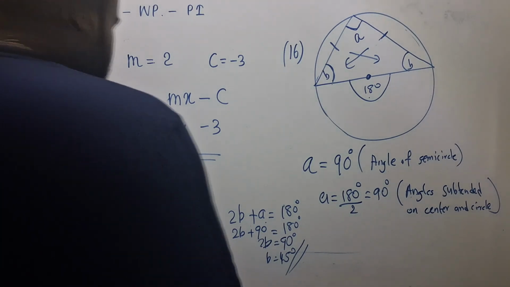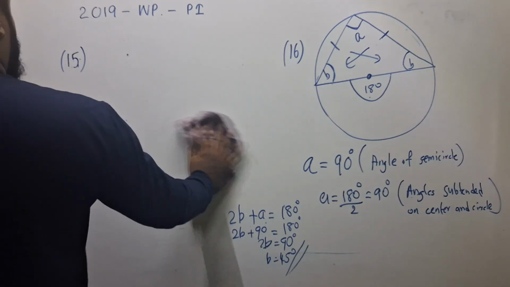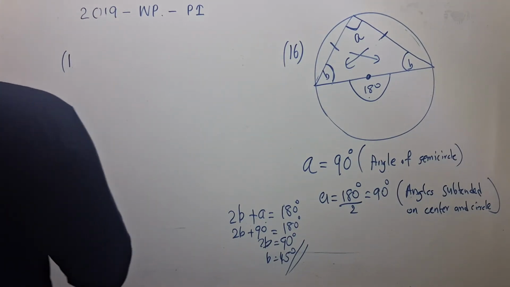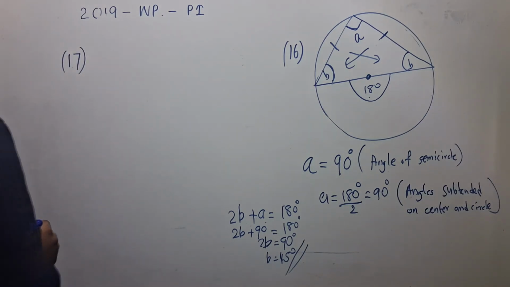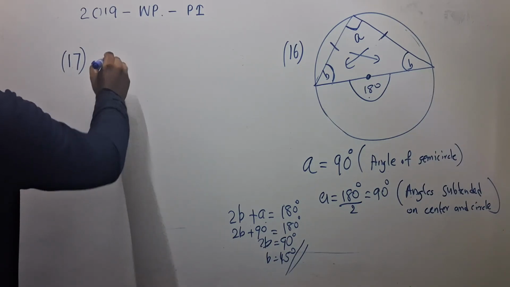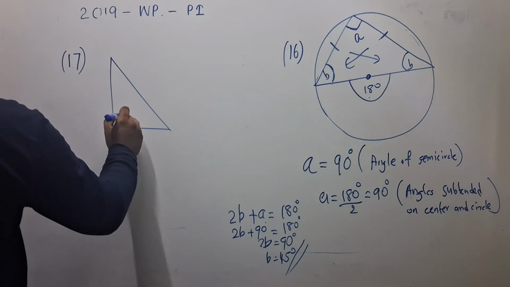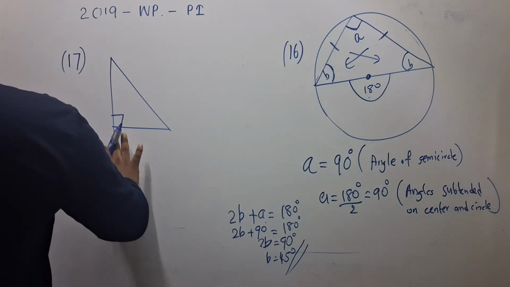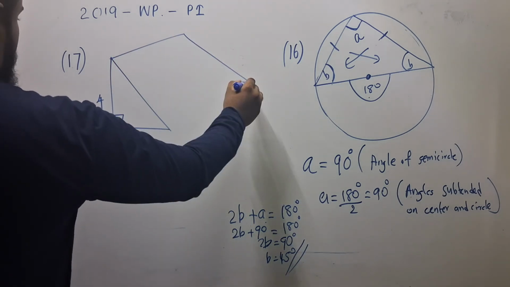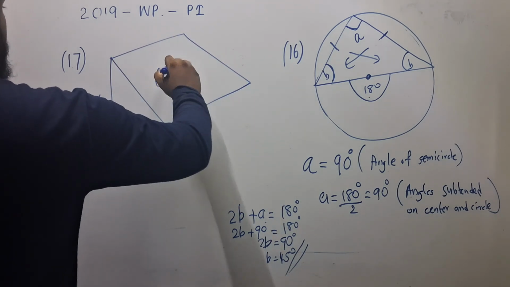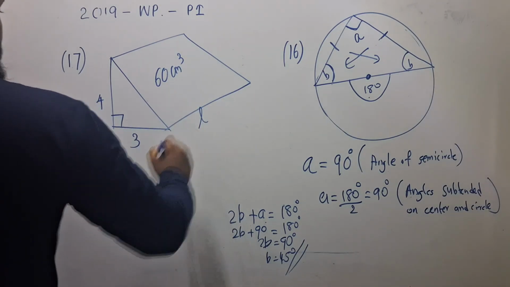Then question number 17. If the volume of the prism is 60, find the length of it. The given prism has a right angle triangle as its cross section, and they have given this as 60 cubic centimeters and are asking for the length.